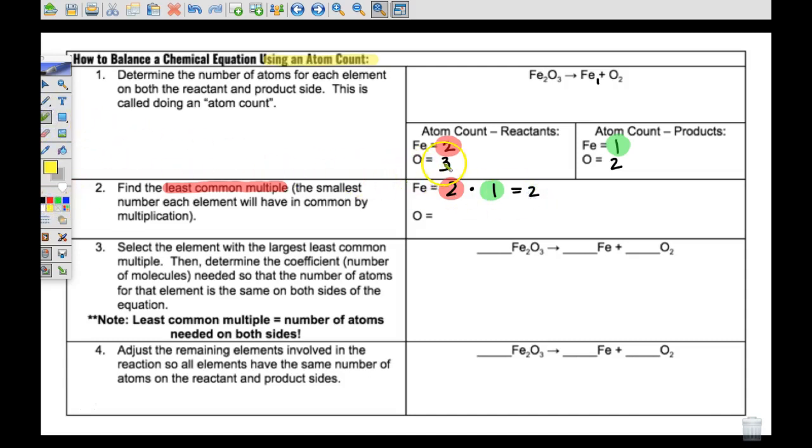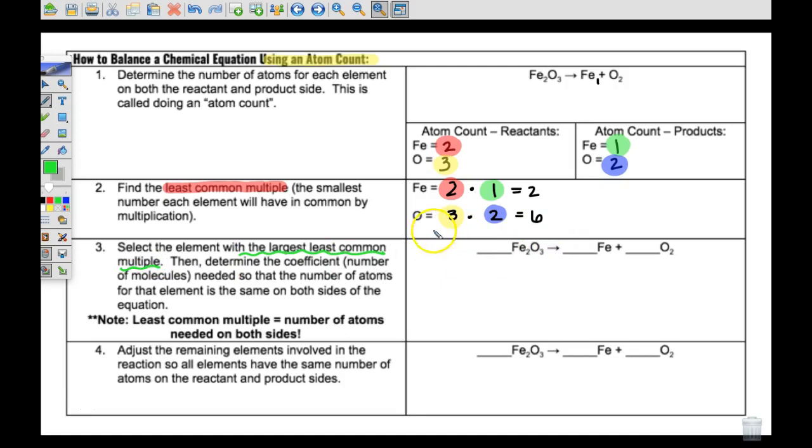For oxygen, I have 3 atoms of oxygen on the reactant side, and I'll multiply that by the 2 atoms of oxygen I have on the product side, and that equals 6. So now I'm going to choose the element with the largest least common multiple.